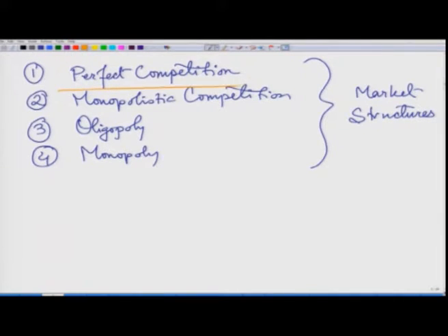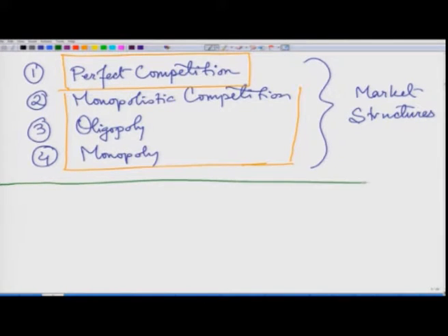Only perfect competition can be known as a perfect market, whereas these other three can be clubbed as market imperfection. So what happens is, if I try to plot them in a simpler way, I keep perfect competition at one extreme, and another extreme is of course monopoly. We will learn more about why.